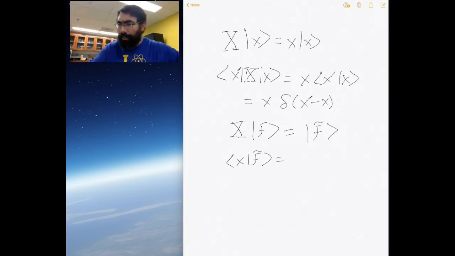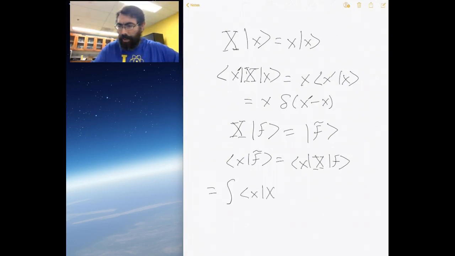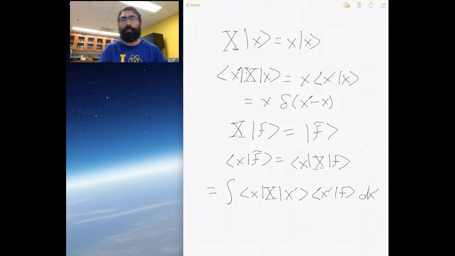That's the same thing as saying the operator X on the space F. Now I can do a change of basis using the identity and get an integral of <X|X|X'>, and then I have the projection of X prime on the vector space F, and then I integrate over the X prime space.